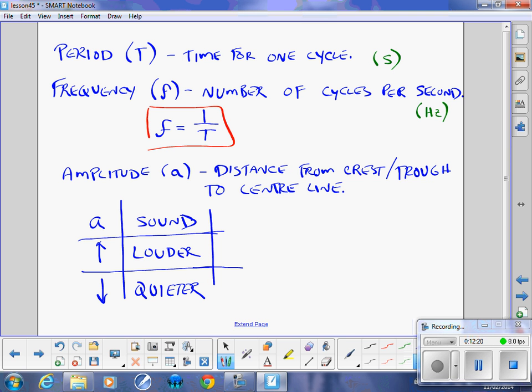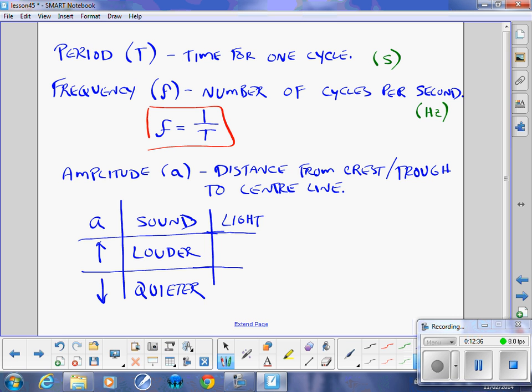Now, if we tried to make that jump into light, what do you predict would happen in terms of light? So if we increase the amplitude of the light wave, okay, what happens? No hands, eh? Terribly disappointing.